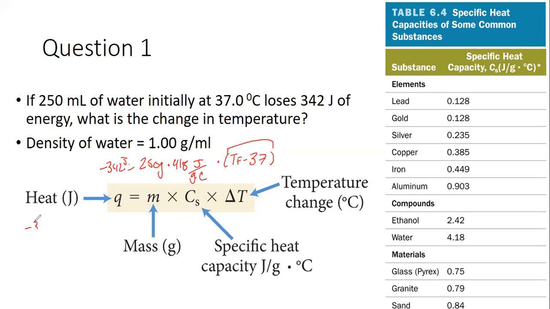So it is minus 342 divided by 250 times 4.18 equals T final minus 37. Solve for that. You should get negative 0.32696 equals T final minus 37. Add 37 to each side. T final is 36.7.